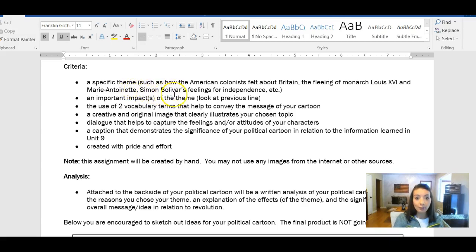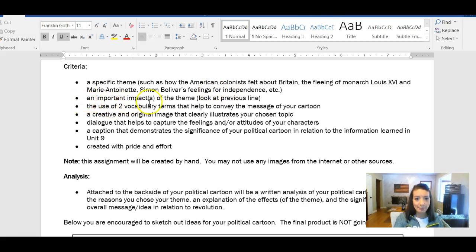And maybe this one, Simon Bolivar's feelings for independence. There's a primary source analysis that you read, a letter he wrote while he was in prison. As you can see, each of these examples are very specified as far as what they are concentrating on. And then just a reminder, they're examples. You don't have to do these if you don't want to, okay?